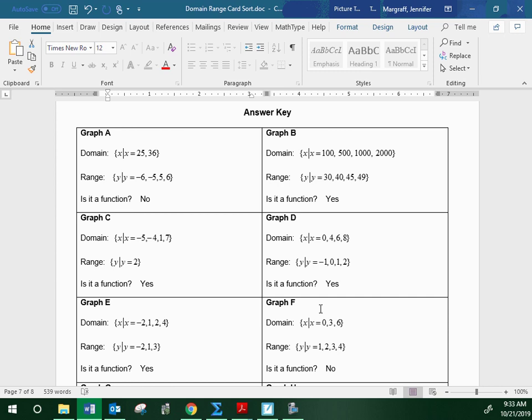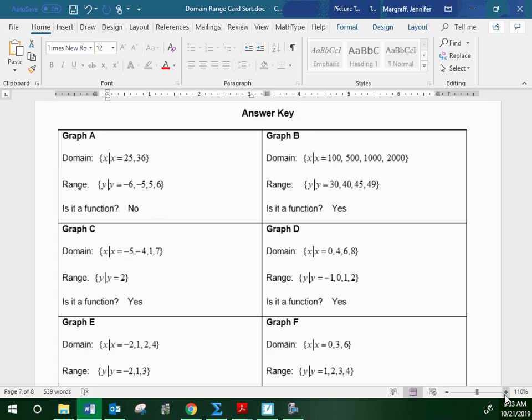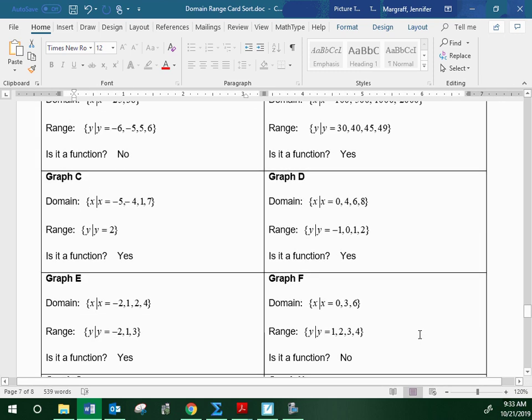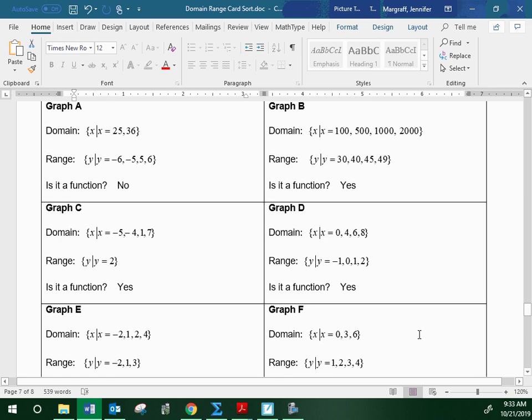Okay, so I want to go and take a look at our answers, and this will also be posted to Blackboard, so you can double check if you didn't get to see them all here. Let me see if I can zoom in some. Now, again, when we have a graph that has a line on it, that's when you're probably going to have inequalities.